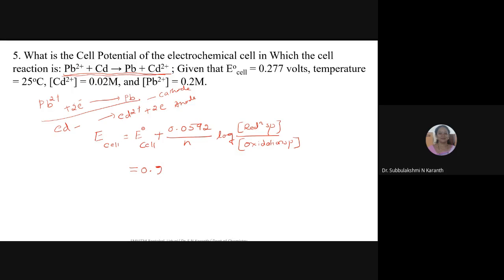Now I'll substitute the values. 0.277 plus 0.0592. The number of electrons transferred is again 2. Log concentration of reduction species. The reduction species is lead.